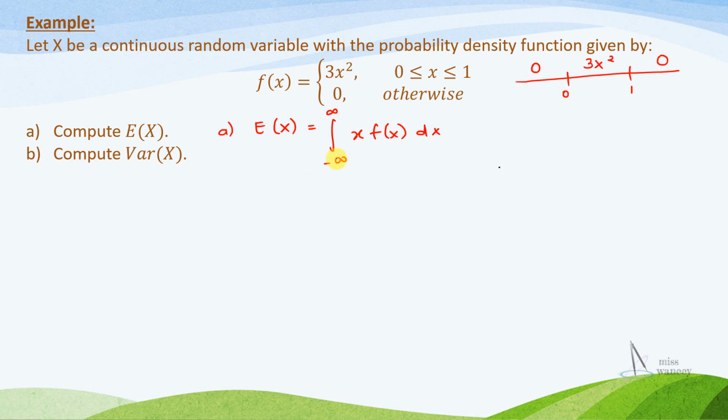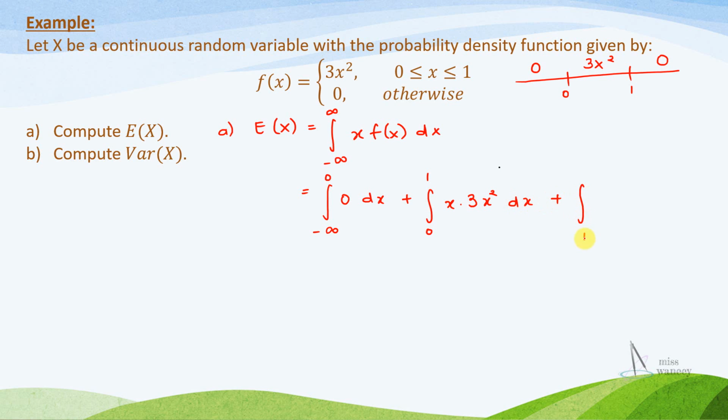Since we have to integrate from negative infinity until infinity, for the first interval we have negative infinity up until 0. The function is 0, so x multiplied with 0 is simply 0, dx. Plus from 0 up until 1, we have x multiplied with 3x squared dx.